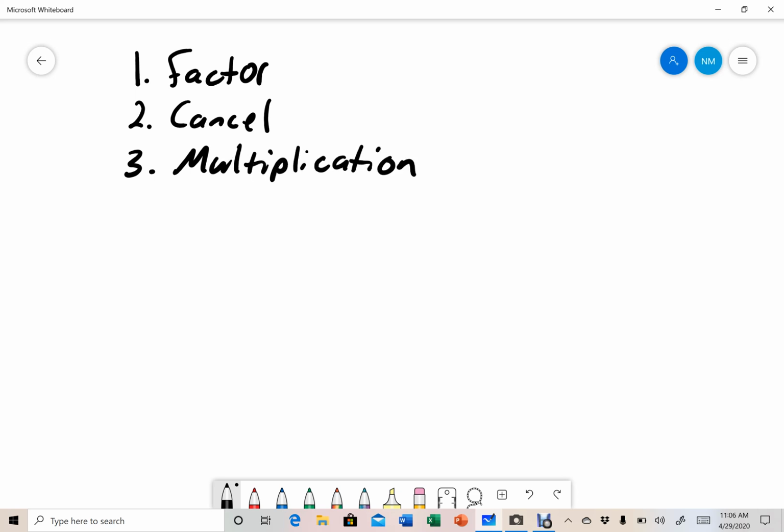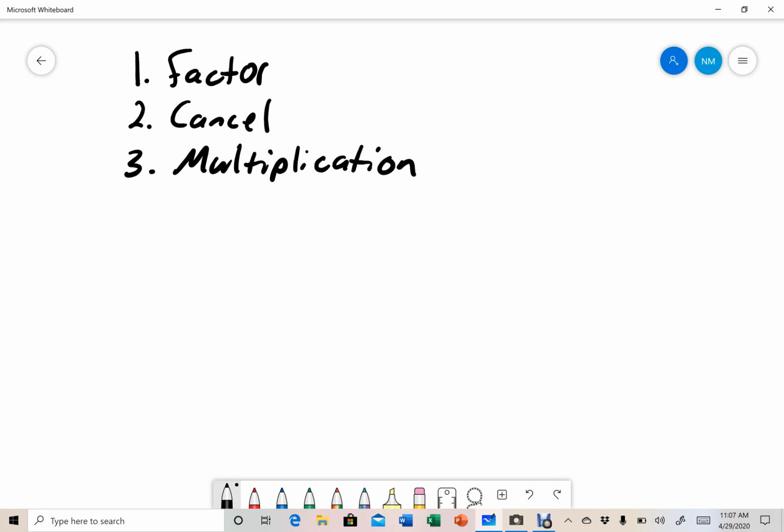In multiplying, we're going to multiply our numerators with our numerators and our denominators with our denominators to find our answer. So we factor, we cancel out our common factors, and then we multiply the remaining factors to find our new answer, our new fraction after multiplying.